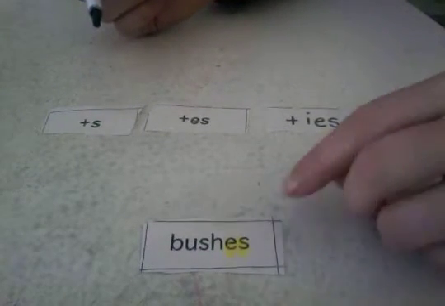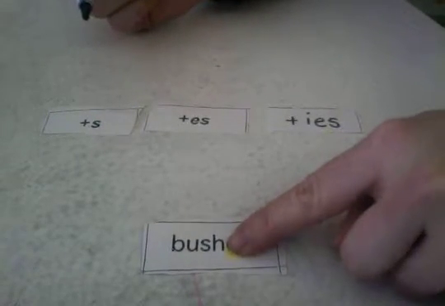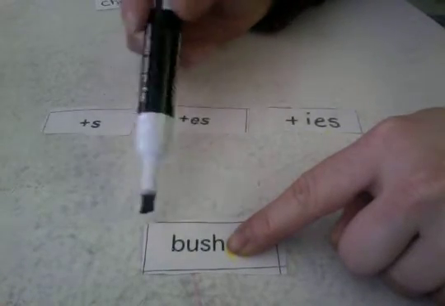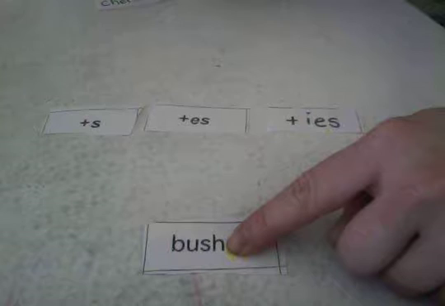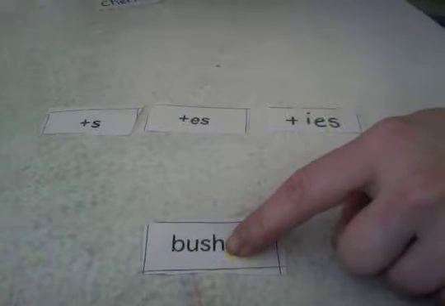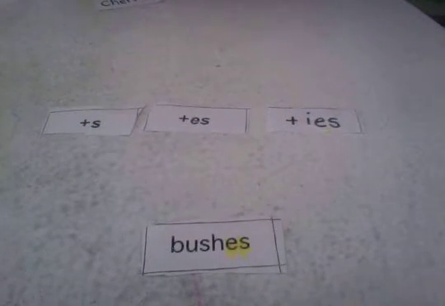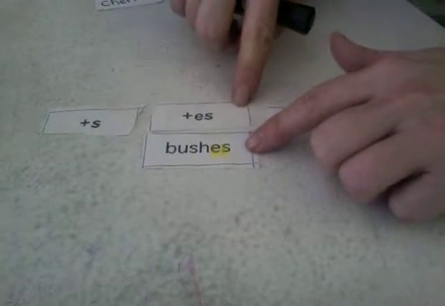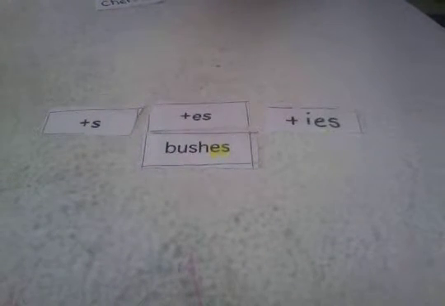But if I were to take this ES off, the word would be bush. So there's one bush. I have a bush in front of my house. That's singular. But to make it plural, we have bushes. There are many bushes in front of my house. So bushes would go under ES because that is how I have made the word plural.